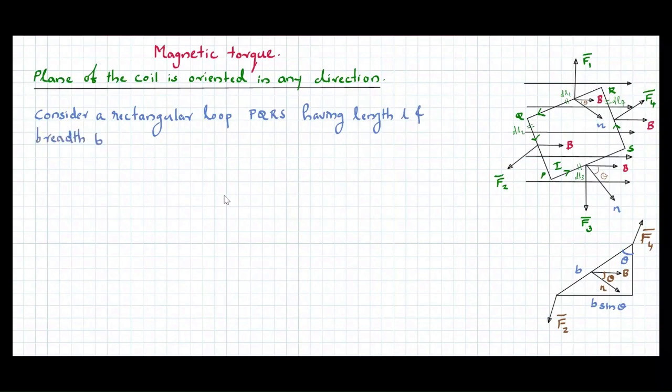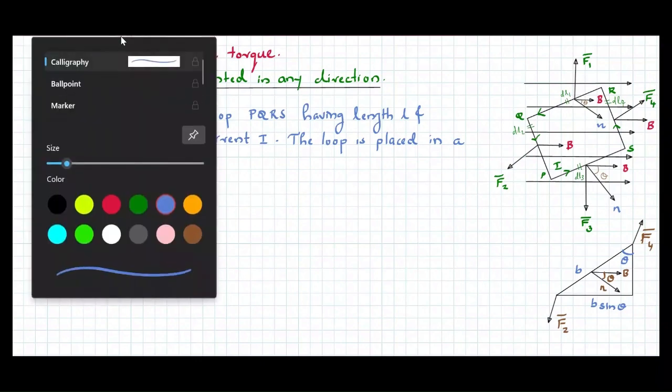As in the previous case, consider a rectangular loop PQRS having length L and breadth B, which carries a constant current I. The rectangular loop PQRS is placed in a uniform magnetic field B.